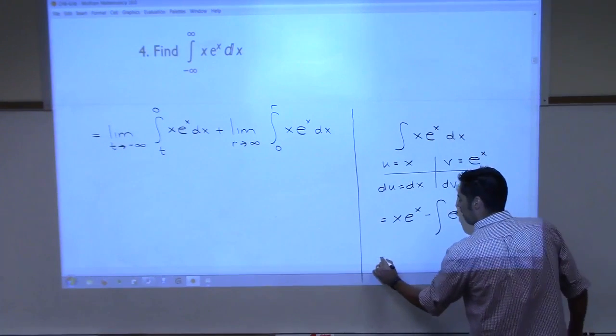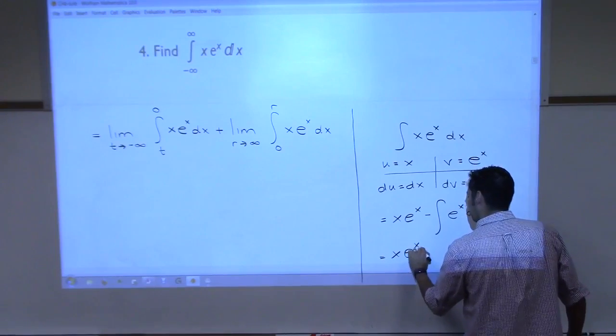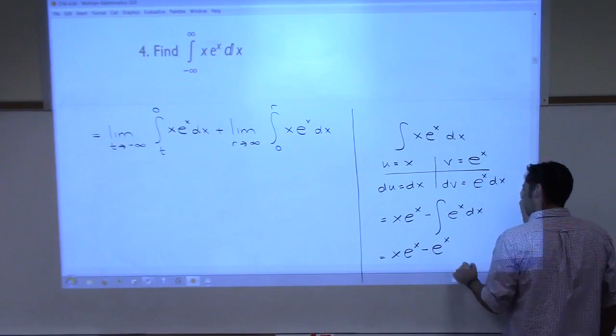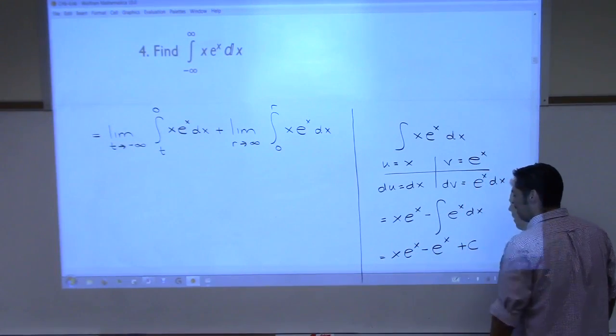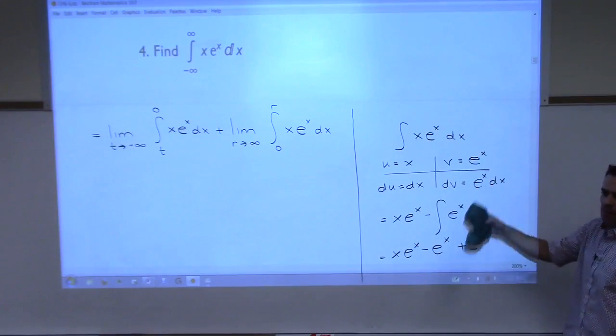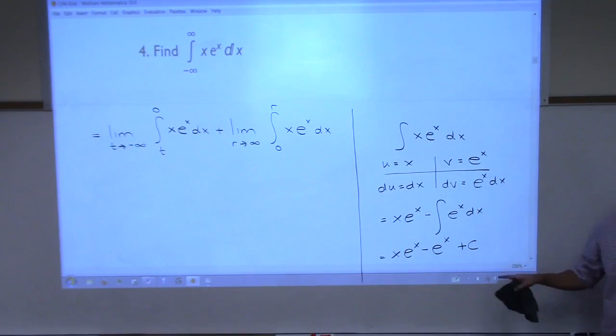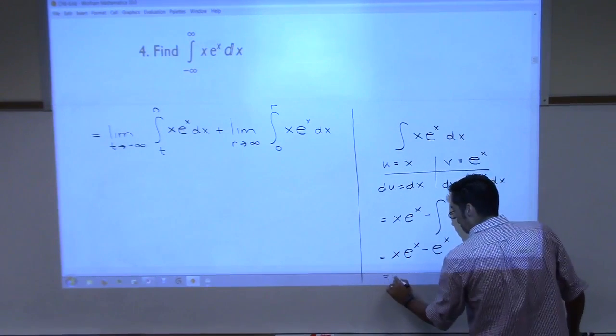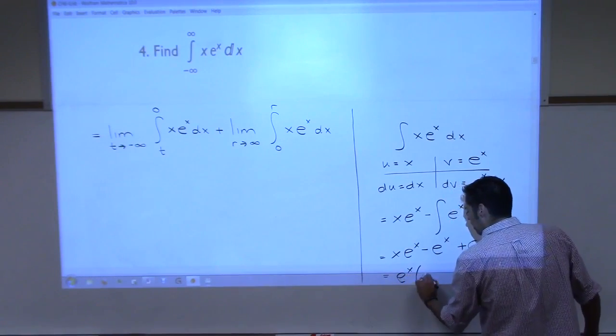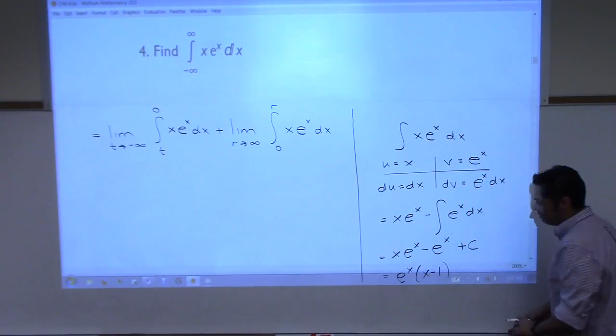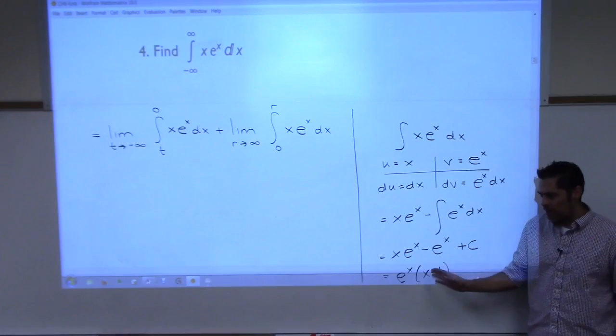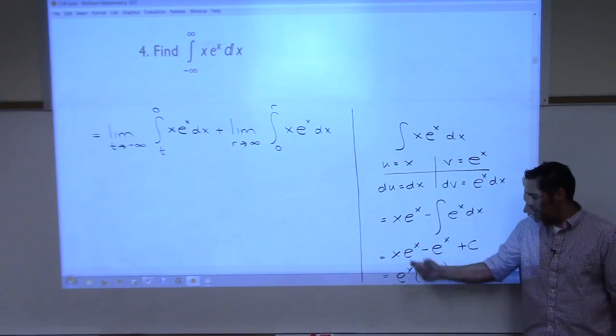So we have x e to the x minus e to the x, and technically we should say plus c, but this is going to be a definite integral, so we won't need that c when we plug it in up here. I would factor out an e to the x, just because it would clean it up and make it a little easier when I plug things in.